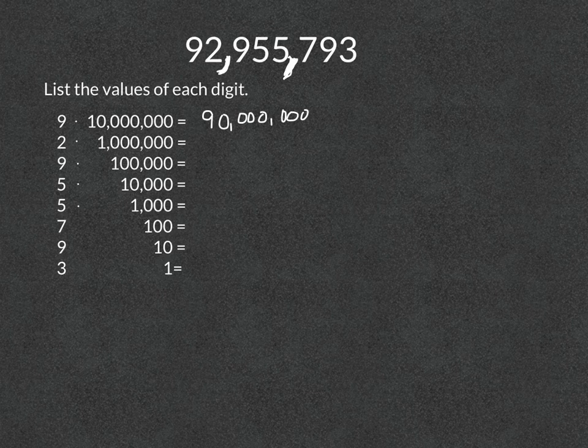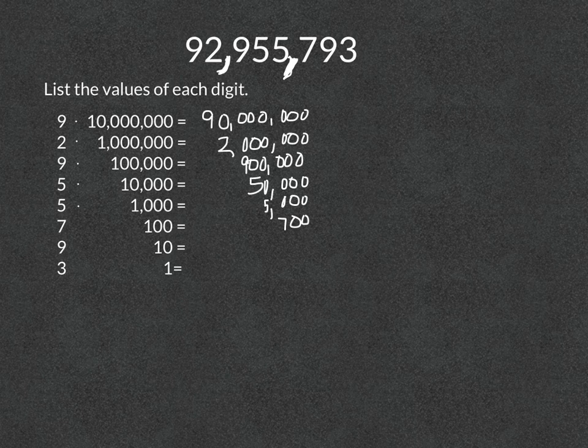And then 2 times 1 million would be 2 million. 9 times 100,000 would be 900,000. 5 times 10,000 would be 50,000. 5 times 1,000 would be 5,000. 7 times 100 would be 700. 9 times 10 would be 90. And 3 times 1 is 3.